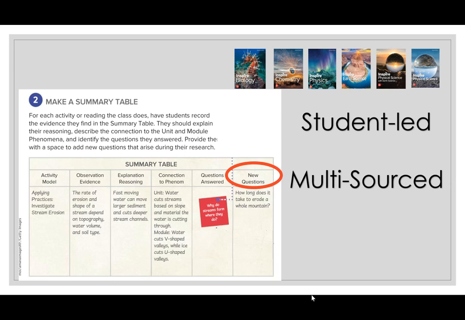As you locate and view sample summary tables in your Inspire Science program, you will see that they are a record of student learning. They're student-led and they draw from many resources. Note the column in which students can post new questions as they do their daily work.